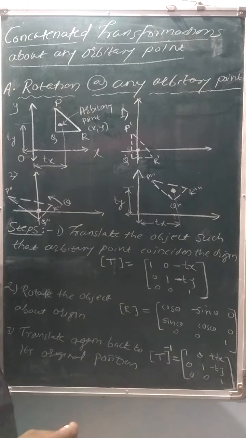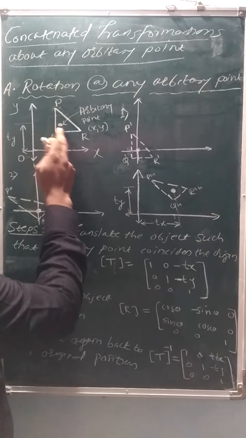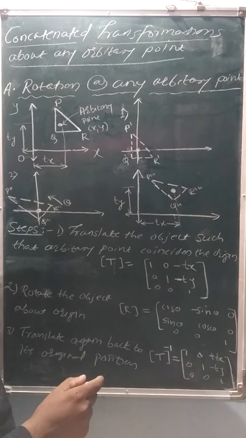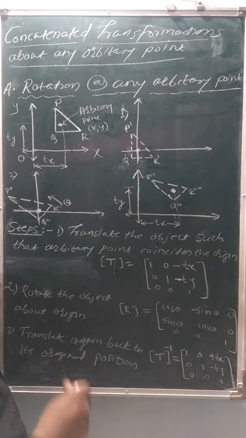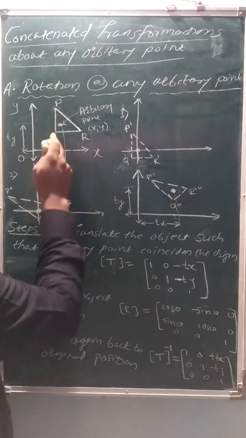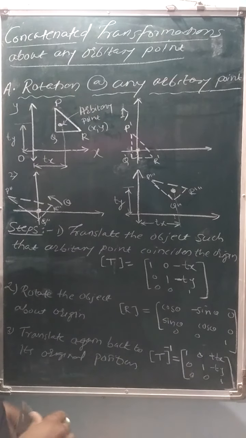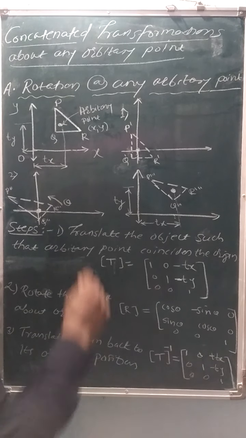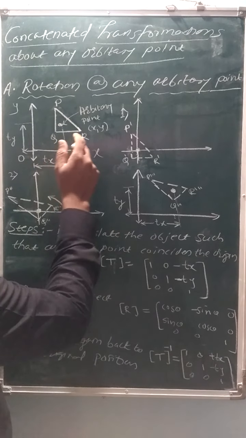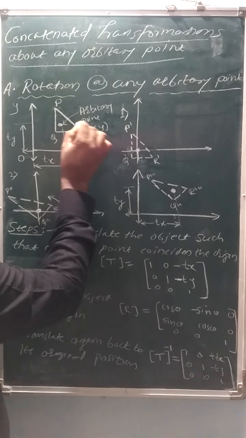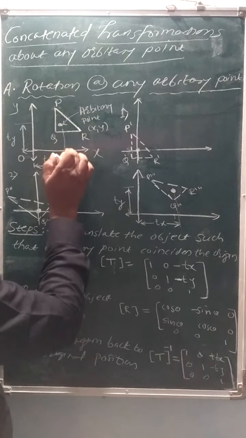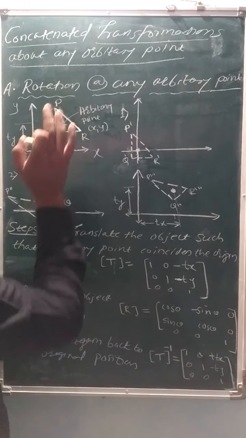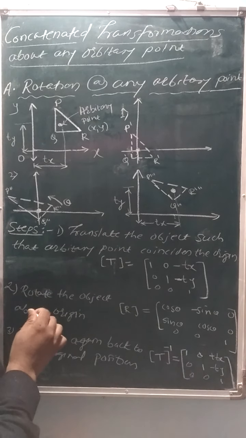That arbitrary point may be one of the points of this geometrical entity or it may be other than this geometrical entity. In this case, we have selected a triangle PQR as one of the geometric entities having coordinates P, Q and R. Now this point P is any arbitrary point in the vicinity of this particular diagram or geometric entity.